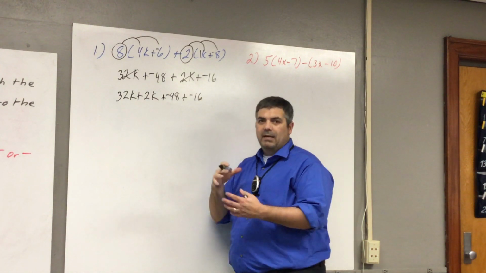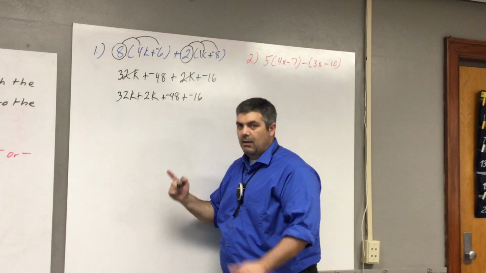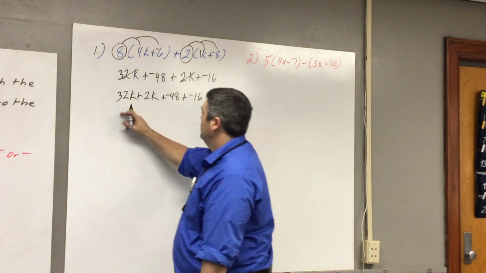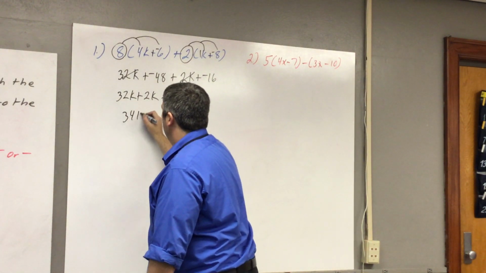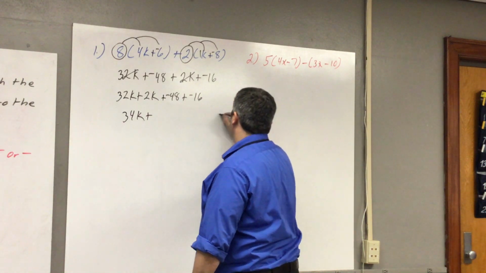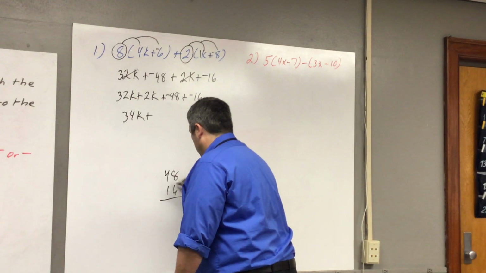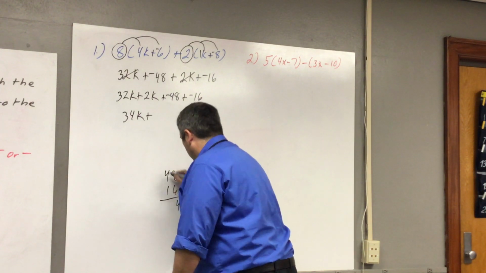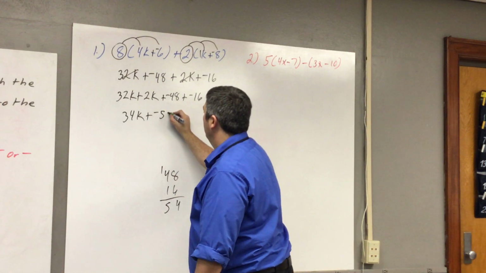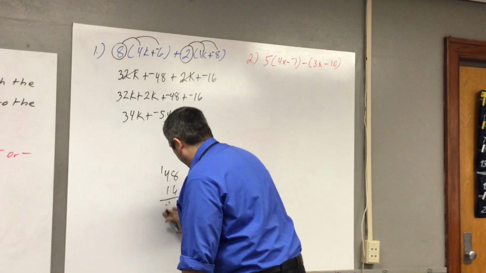All right, combining like terms. 32 plus 2, k and k, right? Same variable with the same power. 34k plus, now I'm going to add those two together. I'm just going to do it right here. 48 plus 16, 4, 5, 6, oh, 64.